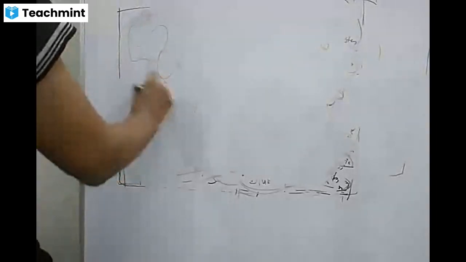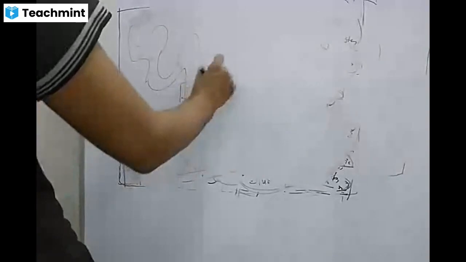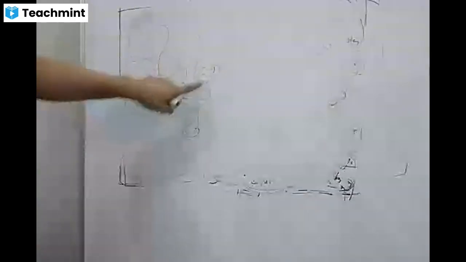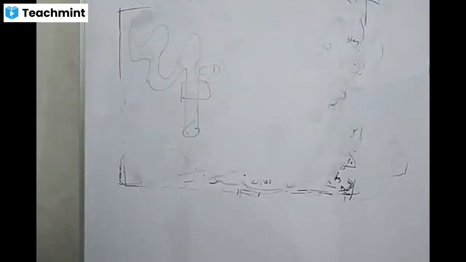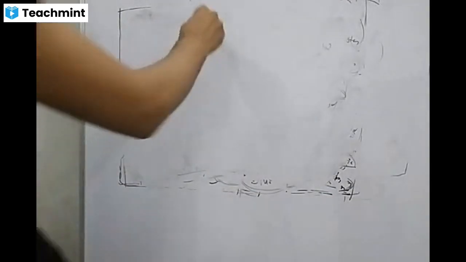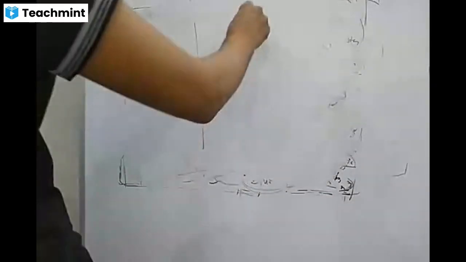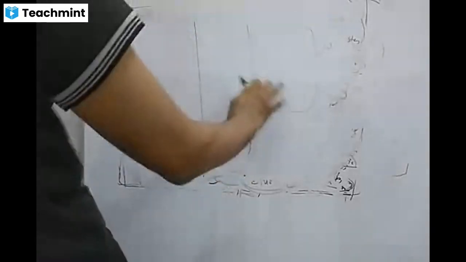This is the collecting duct. This is the collecting duct. At this part, potassium sparing diuretics act. There are two ways. With the help of one diagram, I will explain. Suppose this is the cell of your collecting duct.